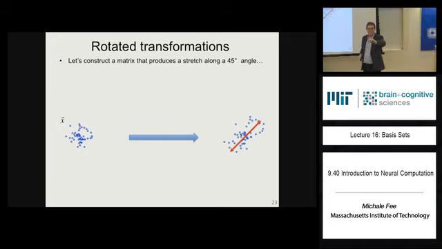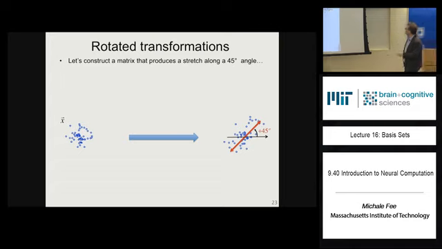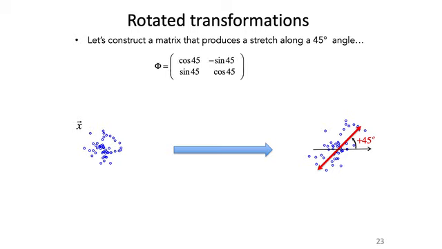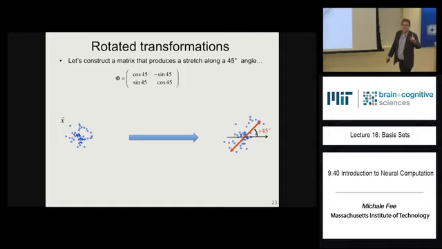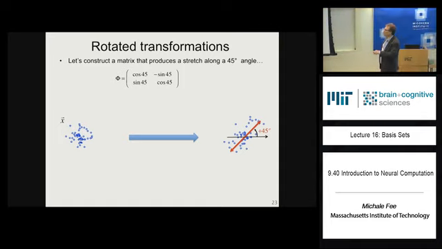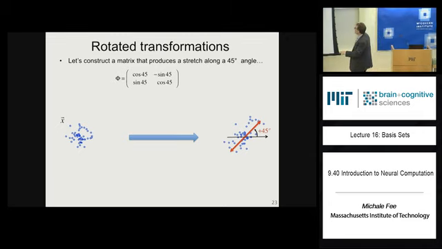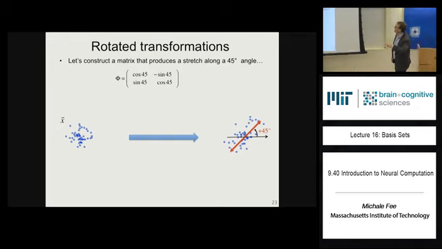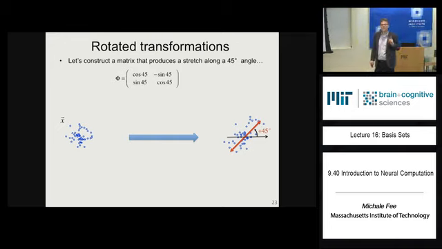Good, Lena? Bingo. That's it. Okay, so we're going to rotate this thing 45 degrees. We take this original set of vectors. The first thing we do when we want to take points and stretch them along an arbitrary direction is pick the angle that we want to stretch on, in this case 45 degrees, and we write down a rotation matrix corresponding to that angle.